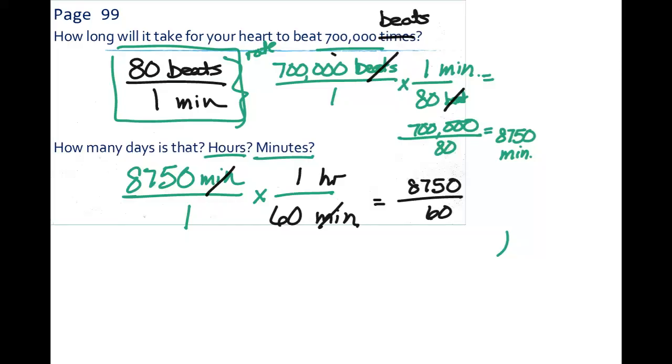So 8,750 divided by 60. You guys have the calculators. What's that going to give me? 145.8.